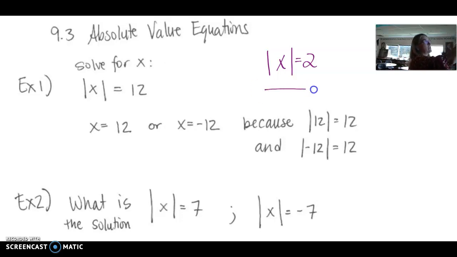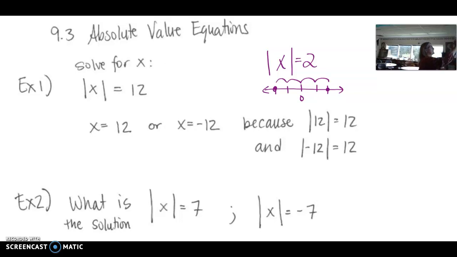And so we can go in the positive direction, that's 2 units away, 1, 2, but we can also go this way in the negative direction that is also 2 units away from the origin, 0. So absolute value is a distance, so it's always going to be positive.